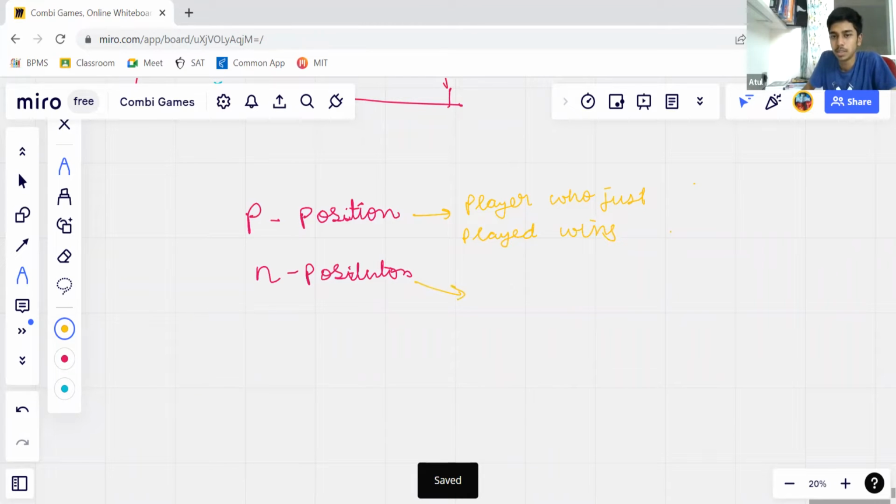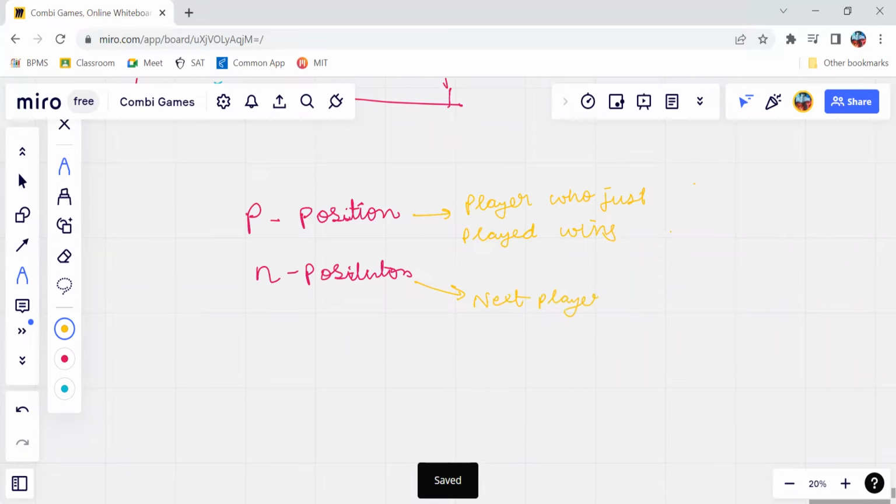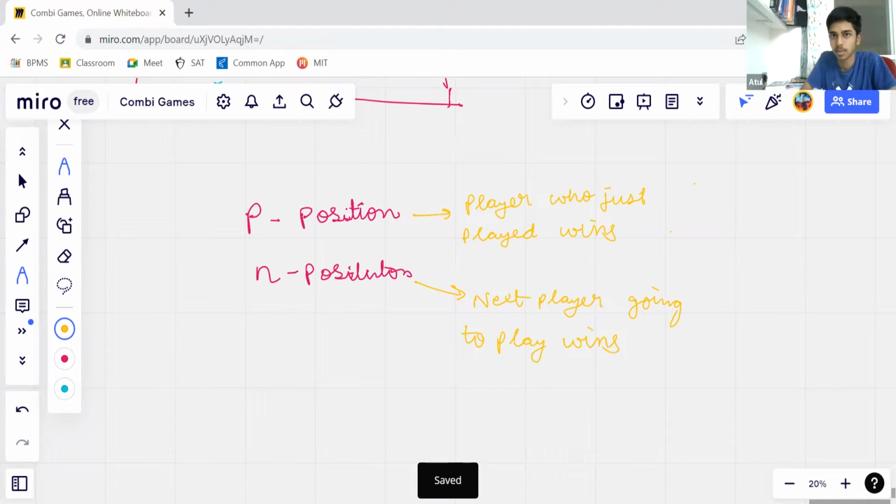And we'll call it an N position if the next player who is going to play wins.